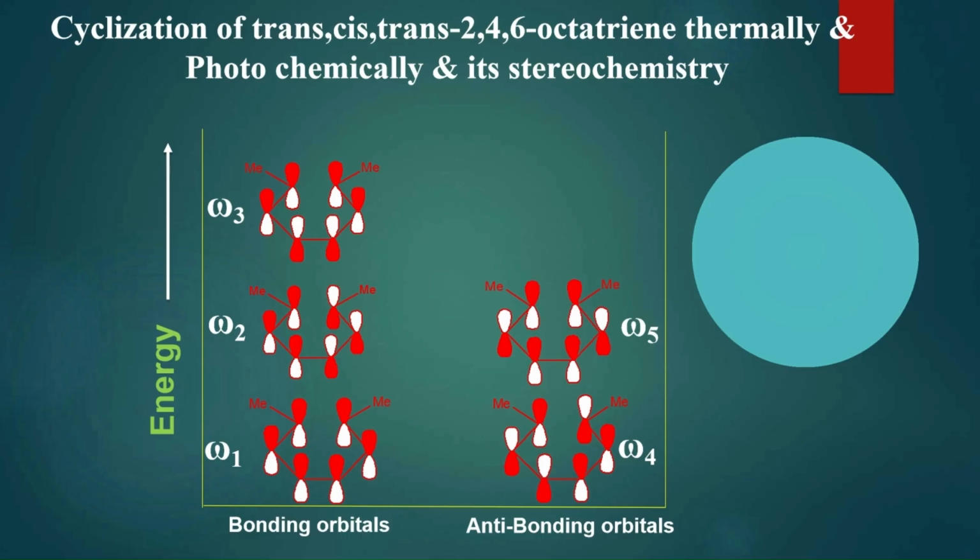At the psi 5 energy level, the 2p orbitals at 2 and 7 positions are in the same phase. The 2p orbitals at 3 and 6 positions are in the same phase. The orbitals at 4 and 5 positions are in the same phase. At the psi 6 energy level, all the adjacent 2p orbitals are opposite to each other.